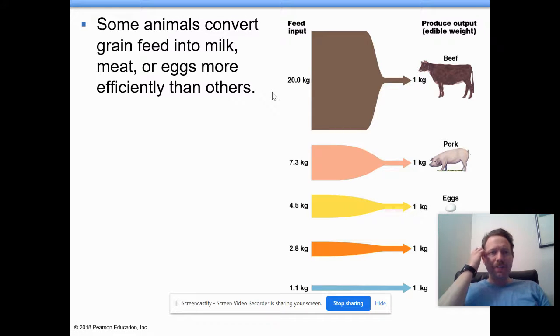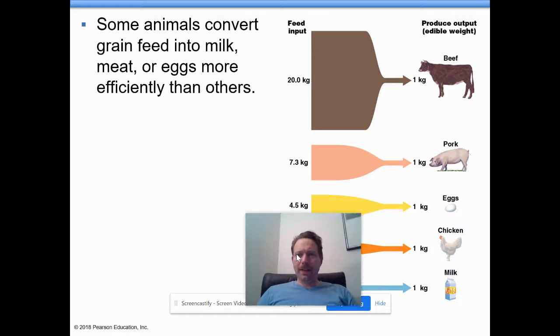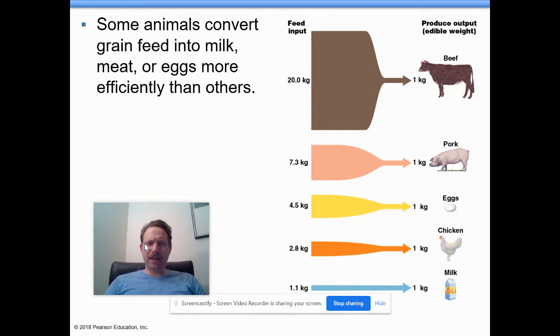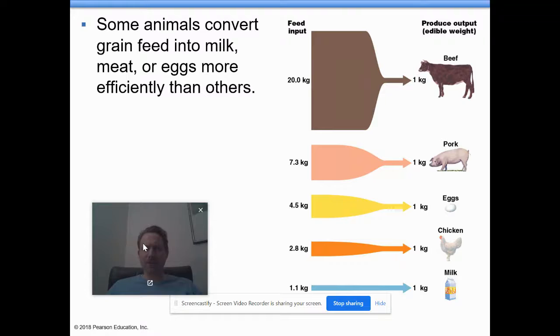As you can see here, some animals convert food better than others. You'll notice that the cow is all the way at the top. It is needing 20 kilograms for every 1 kilogram of beef it produces, whereas milking a cow requires essentially the exact same energy input as output.